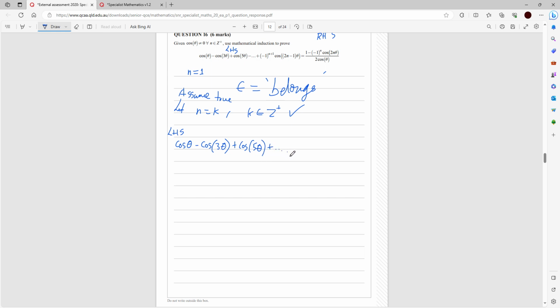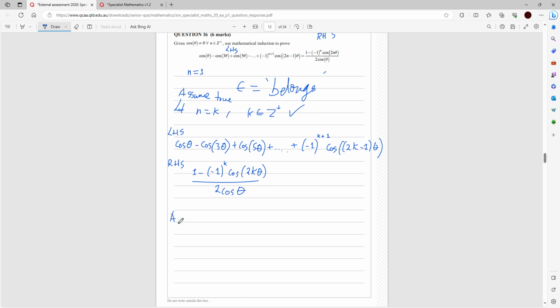Now these dot dot dots mean an infinite amount, plus -1, and replace the n with the k, plus 1 cos of 2k minus 1 theta, brackets. Alright, that's my left hand side. My right hand side, I'm going to write real quick, is 1 minus -1 to the power of k cos of 2k theta all over 2 cos theta.